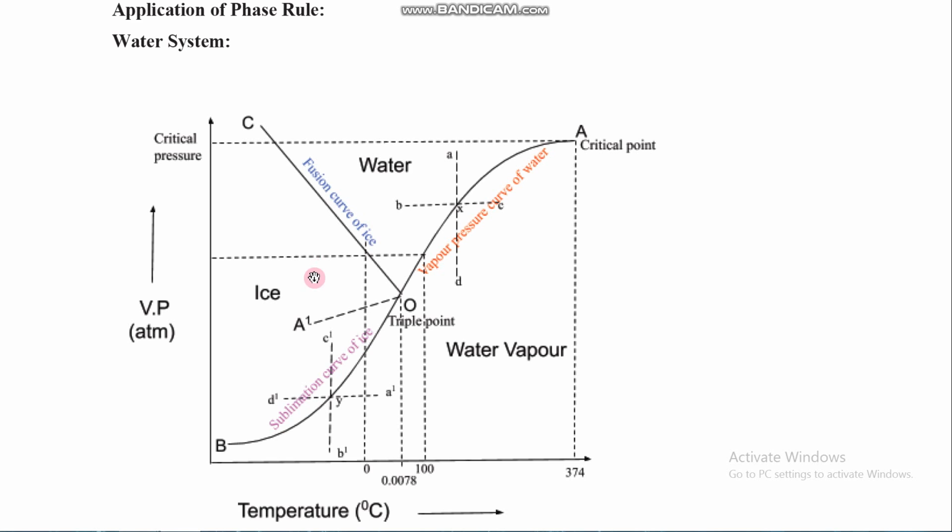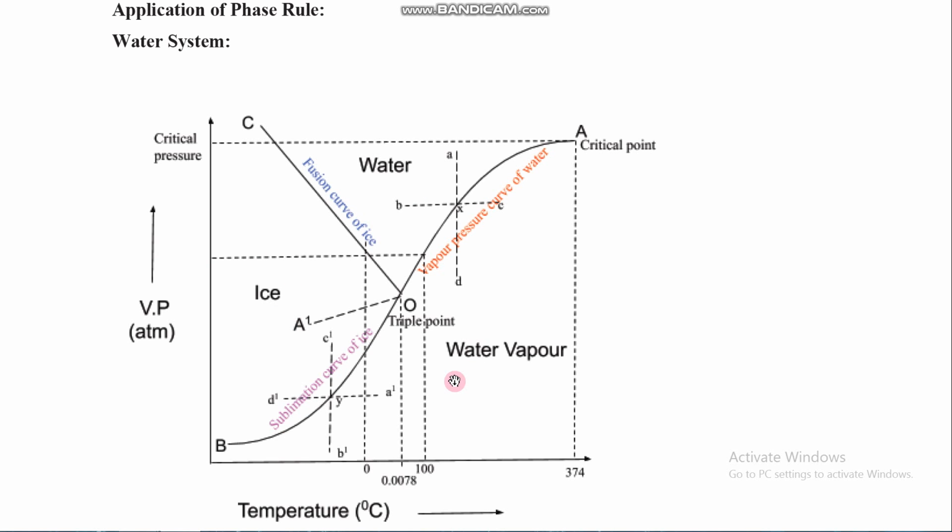C, the component, is the same, water, H2O, and P is the number of phases. In each area there is only one phase, so P is 1. Then we get the degree of freedom as 2. So in the significance of area, the system is bivariant. Bivariant means there are two variables, temperature and pressure. So this is the significance of area.